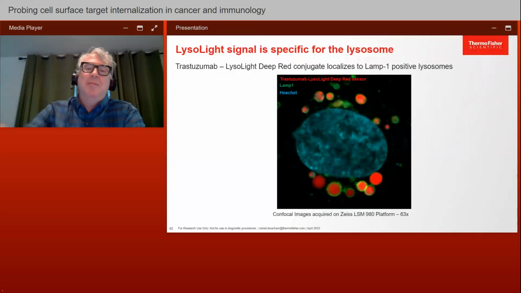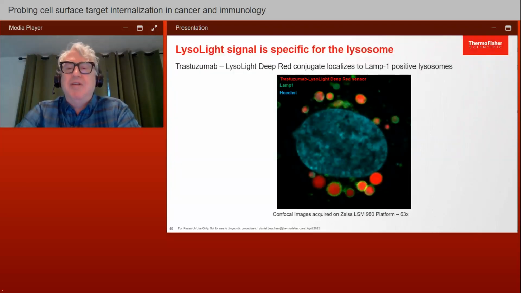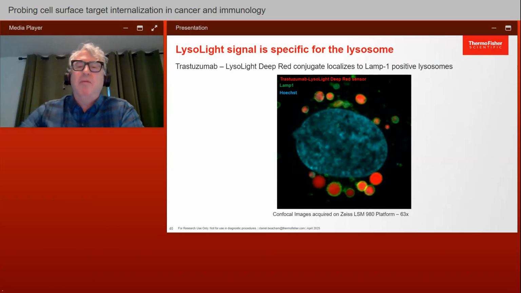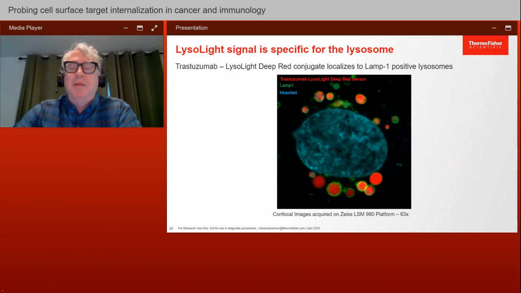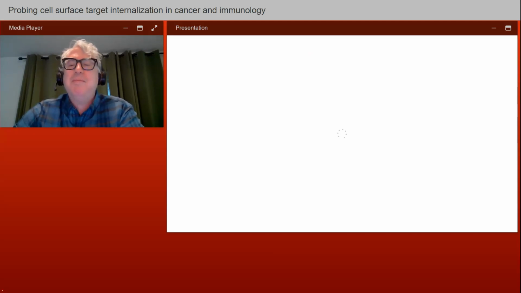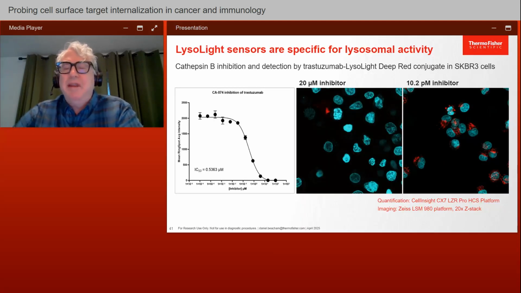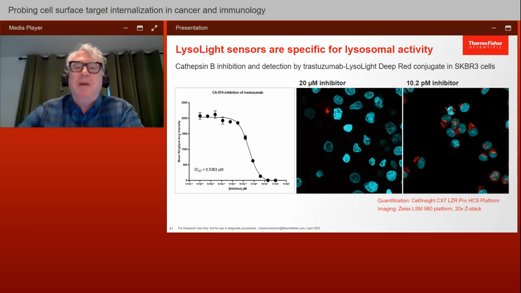And so, this is an example using that same BACMAM expression system, in this case to label the membrane of lysosomes with GFP and LAMP1. So you can see that our Lysolite dyes inside of LAMP1 positive compartments. And there's the other aspect of selectivity, which is against the cathepsin itself.